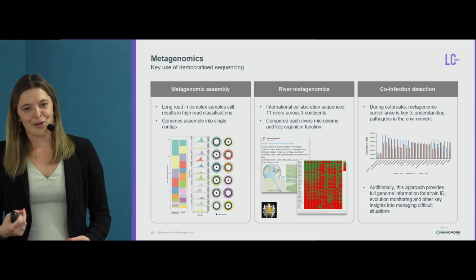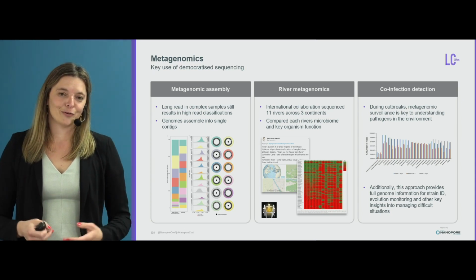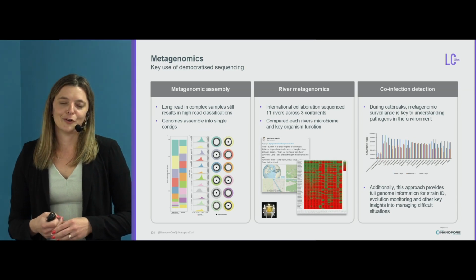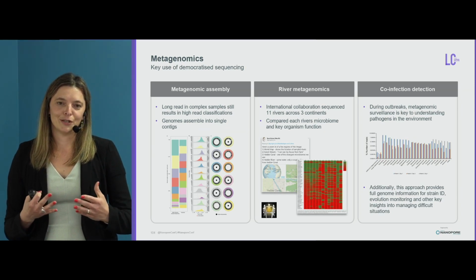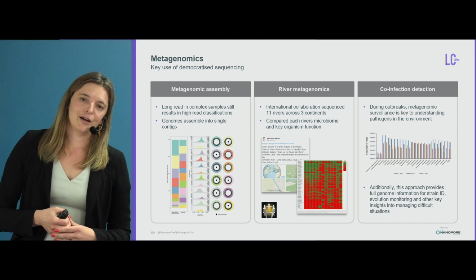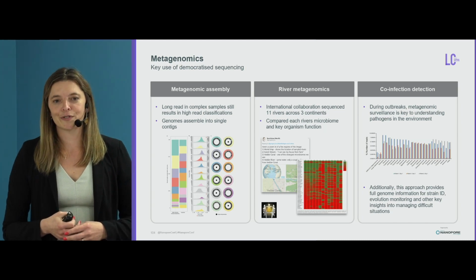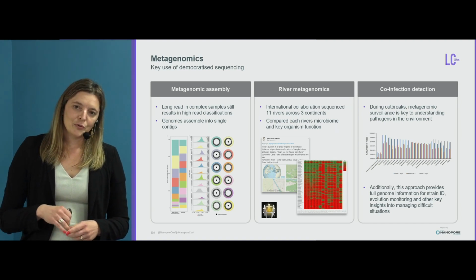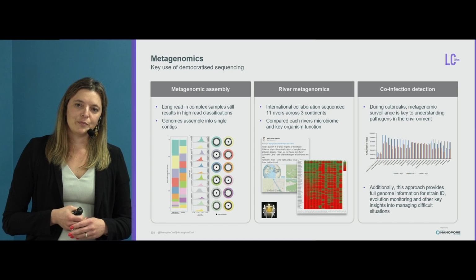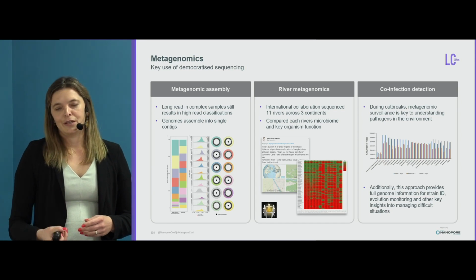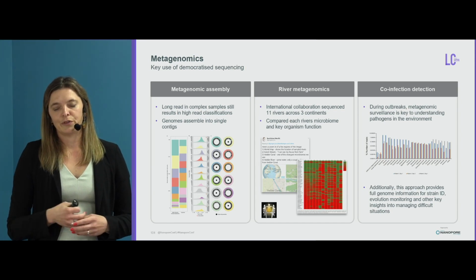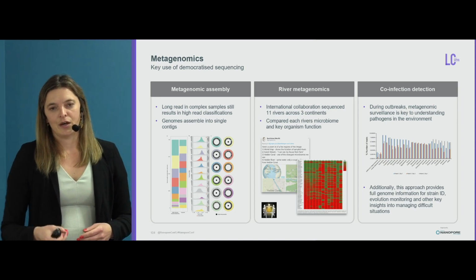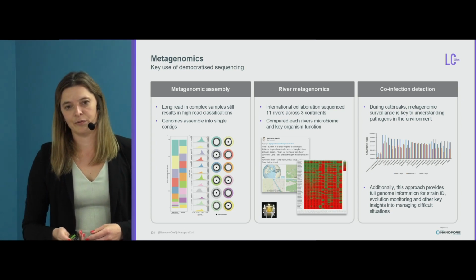So they've made quite a lot of different projects since then, but this is the outcome of, I know, a really, really long collaboration, and what they've done is sequenced 11 rivers across 3 continents and been comparing the microbiomes of those rivers. More recently, of course, there's been a really big push on metagenomics in the fight against COVID, with lots of users deploying the technology for its speed, ease of use to detect co-infection in COVID patients.